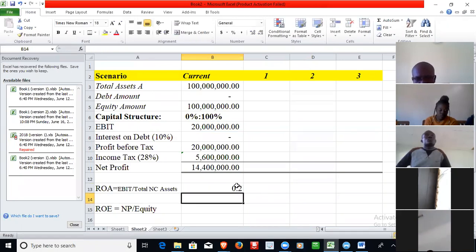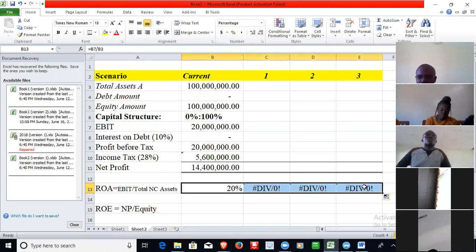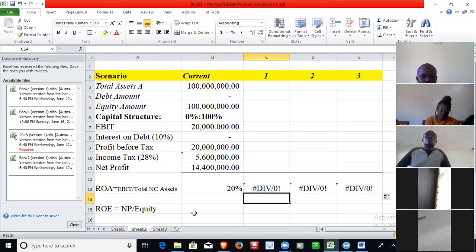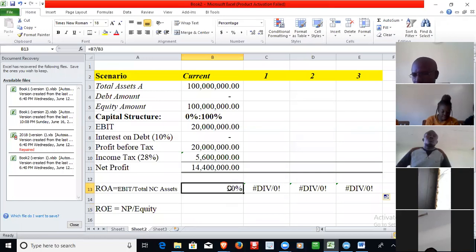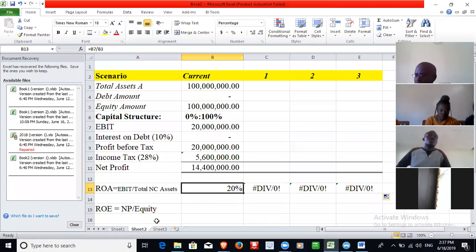So it's going to be 0.2, which is 20%. This means that in our investment into this asset, we'll be getting dividends in tune of 20%. Then that is the organization.